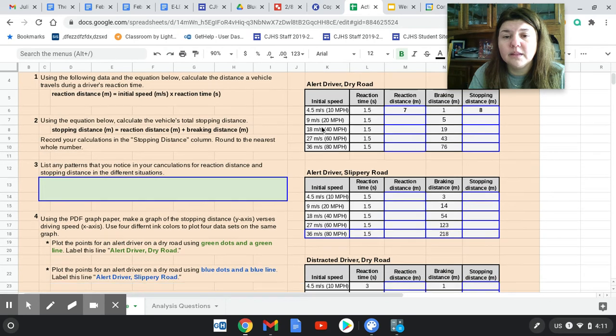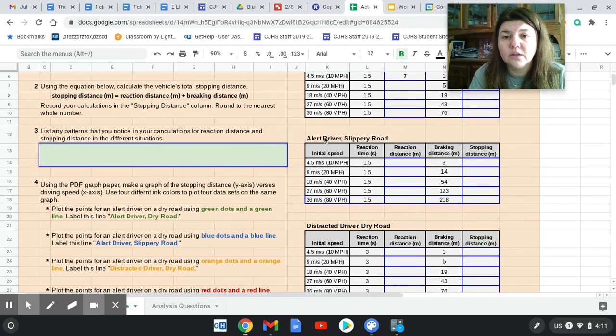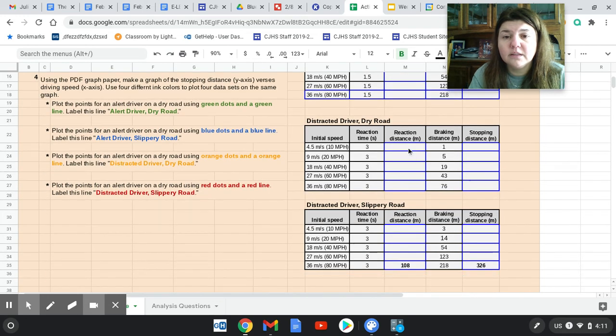You're going to plot the points and draw the line for the alert driver on a slippery road in blue. That information's here. The distracted driver on the dry road, that would be in orange. That information's here. Then the distracted driver on a slippery road, you're going to plot in red, and that will be here.